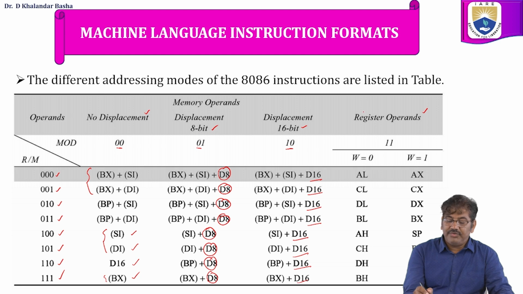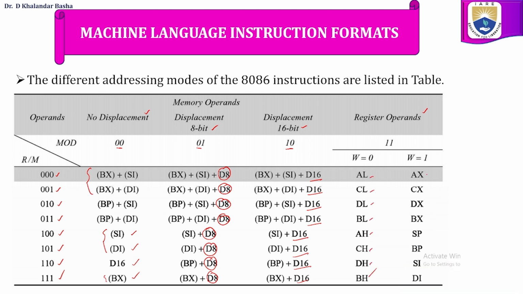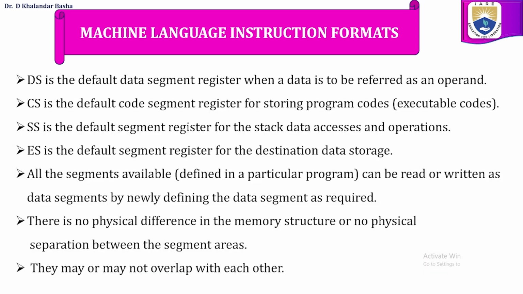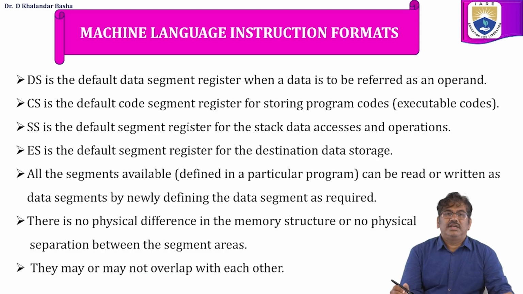Next, already we have checked the register field. When W is equal to 0, all the 8-bit registers are used in the register position. If W is equal to 1, general purpose registers, 2 pointers and 2 index registers we can have. The data segment register is the default segment register when data is to be referred to as an operand.